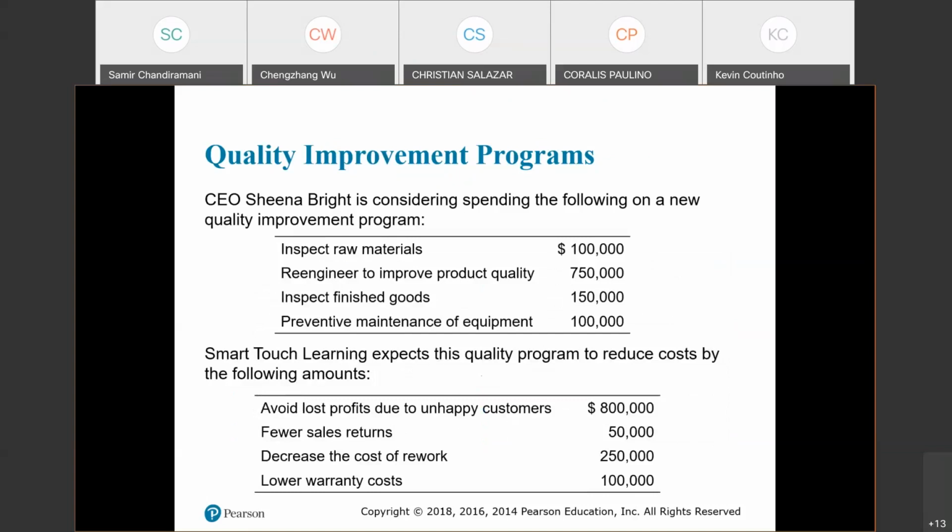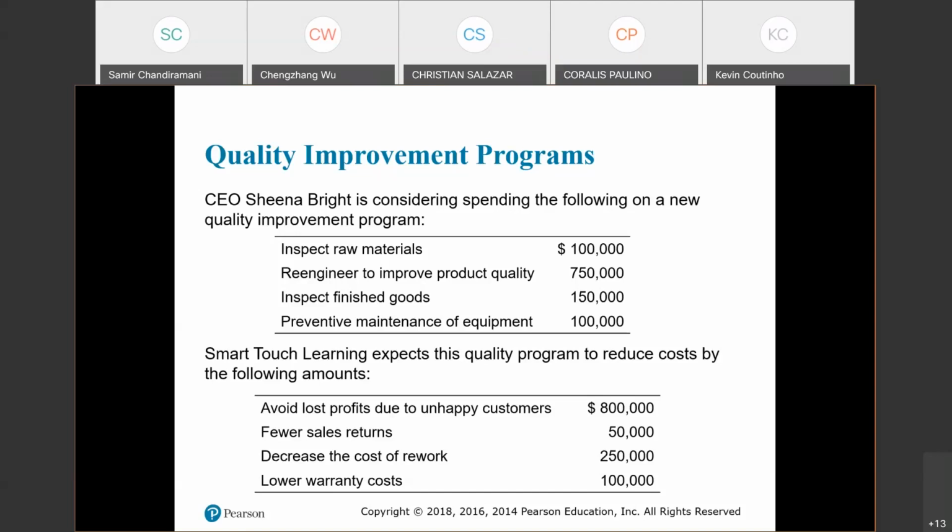Okay, let's reuse the example of Smartest Learning. Let's assume the CEO, Shana Bright, of this company is considering spending the following on a new quality improvement program. 4 activities.